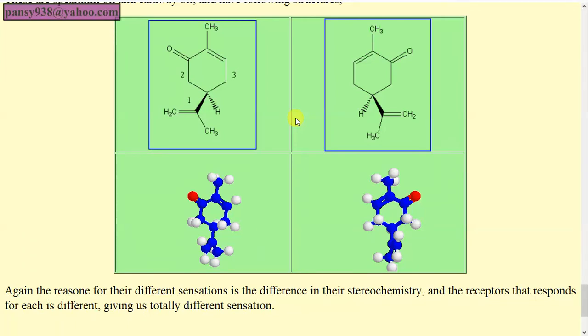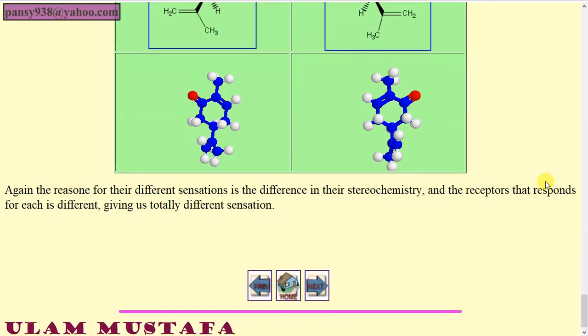And you see that a slight difference in the spatial arrangement of the atoms in the 3D representation makes the characters of the molecule different from each other.